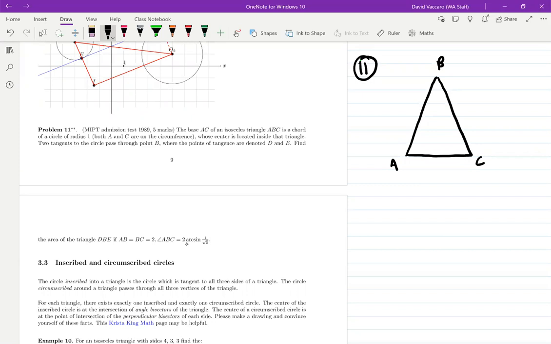And A and C lie on some circle whose center is located inside the triangle.